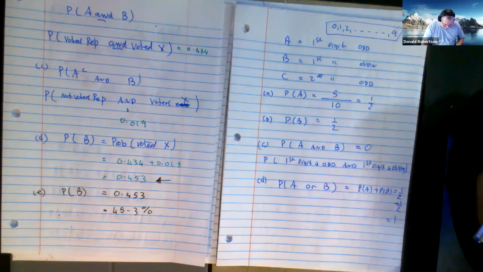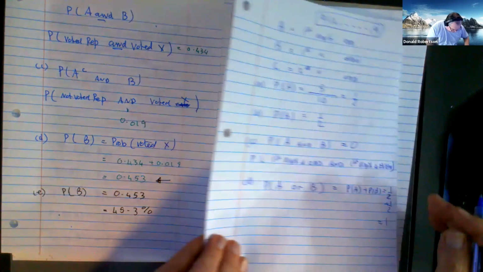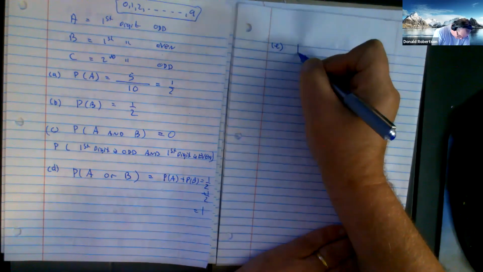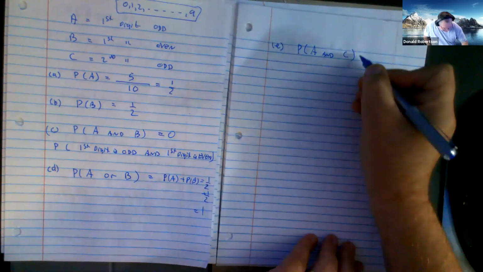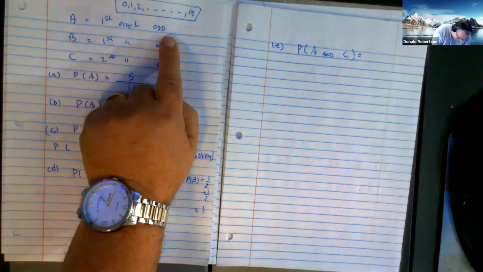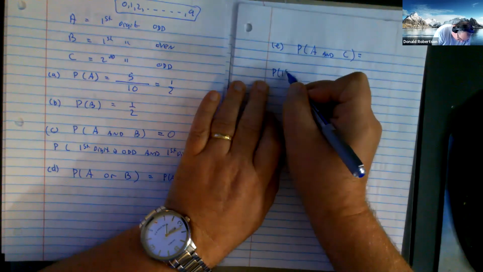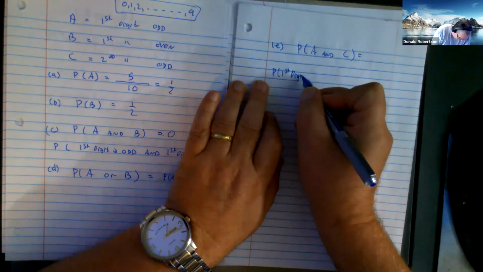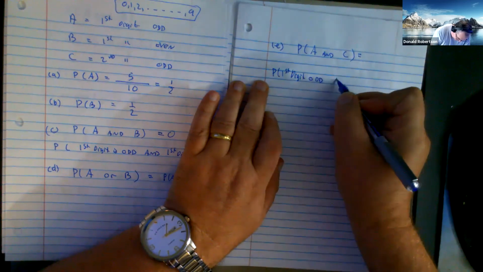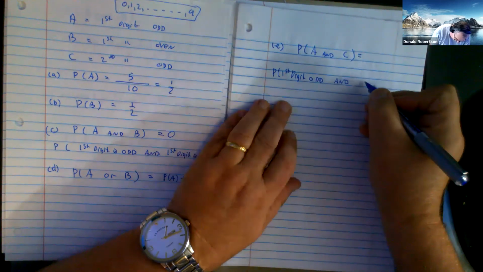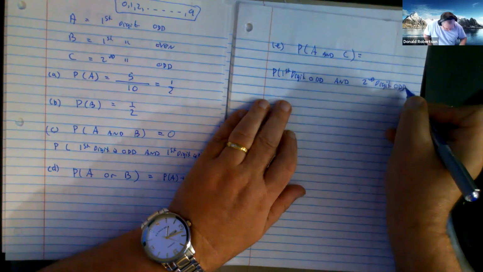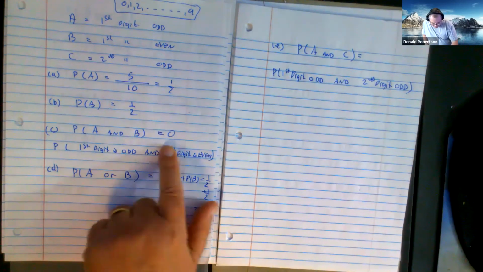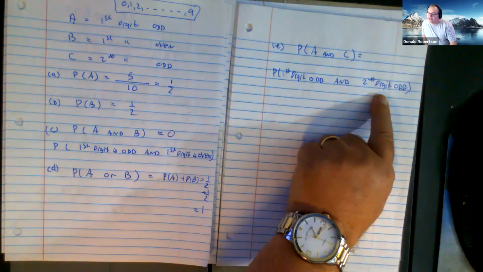Okay. Now the next one is different. This is question E. And it's the probability of A and C. Now, A is the first digit being odd. And at the same time, the second digit is odd. Now that's not 0, because isn't the first digit a totally different place than the second digit?